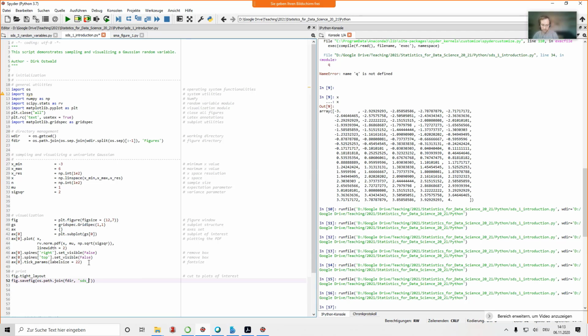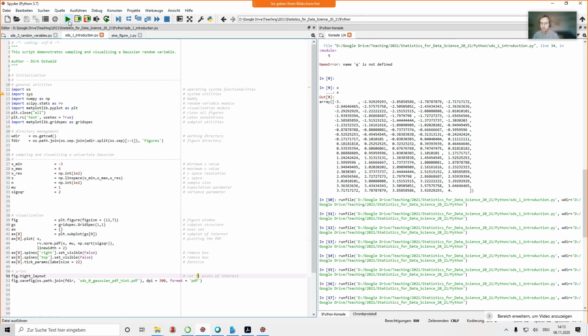So let's call this STS0 Gaussian PDF hist, and save this as PDF. And you can have other parameters like how many dots per inch, like 300 for example, and as format take PDF.